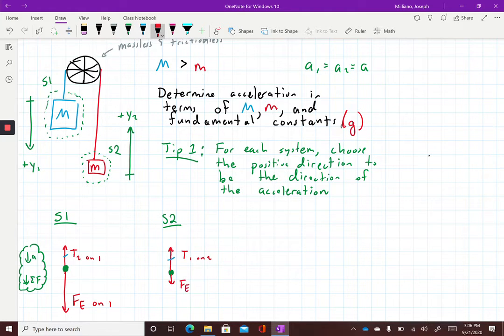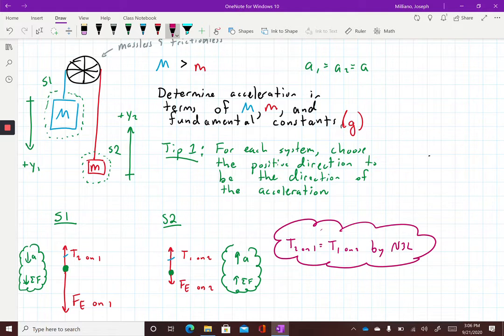The gravitational force that the Earth exerts on 2 must be less than the gravitational force that the Earth exerts on 1 because it has less mass, but also this gravitational force must be less than the tension force on system 2 because overall the acceleration for this system is up, which means that the sum of the forces must be in the upward direction. And then we'll note off to the side here that T2 on 1 equals T1 on 2 by Newton's third law.